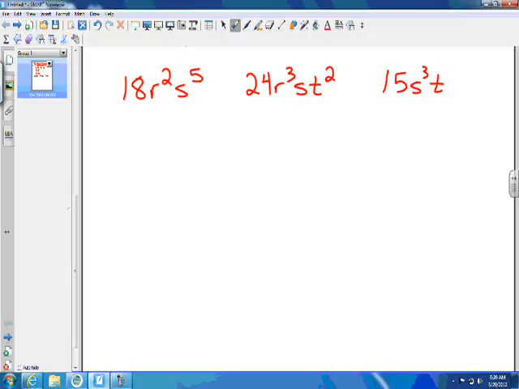I'm not even going to show you that method right now because I don't hardly know anybody that actually uses it. So grab your calculators, start typing in some numbers, figuring out what number 18, 24, and 15 all go into. Some people choose to multiply two of them together and then see if the other one goes in.